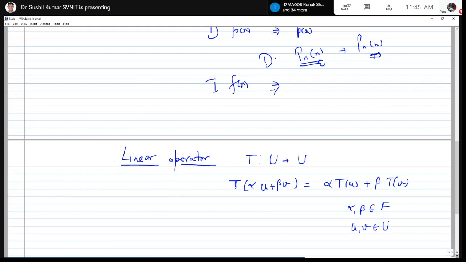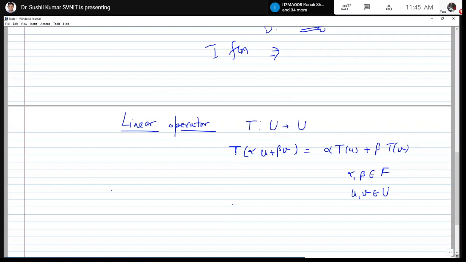Now, if we have two operators, first one is T1, second is T2. So if T1 is linear, T2 is linear, then T1 plus T2 will also be linear. You can check it.